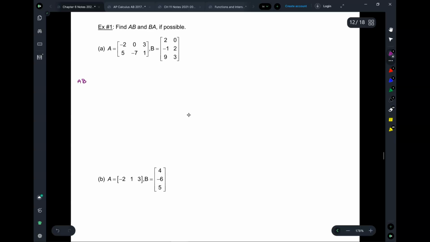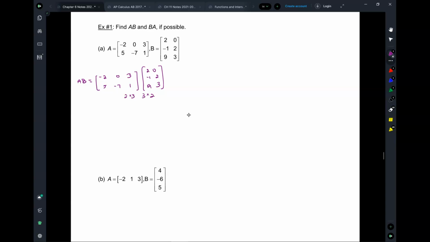AB, always write them down so you know the order. Okay, what are the dimensions here? 2 by 3, 3 by 2. We can multiply them, right? And what's the result going to look like? What dimensions? 2 by 2.